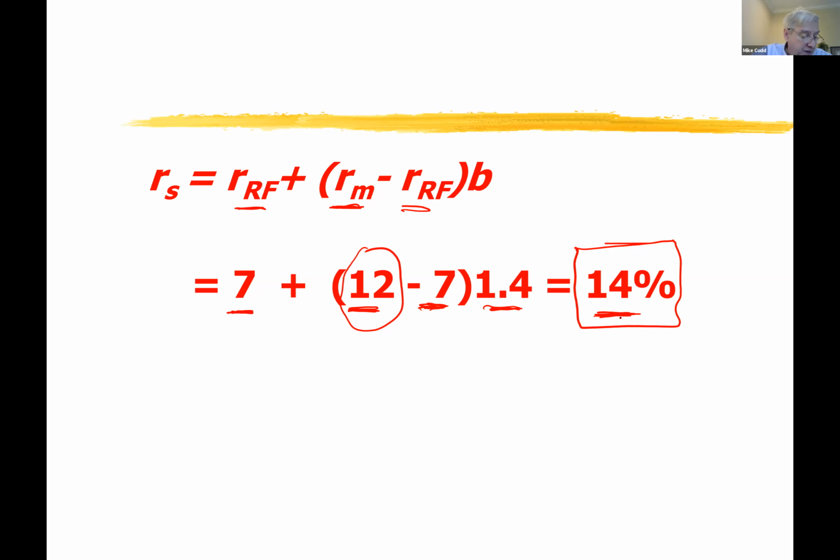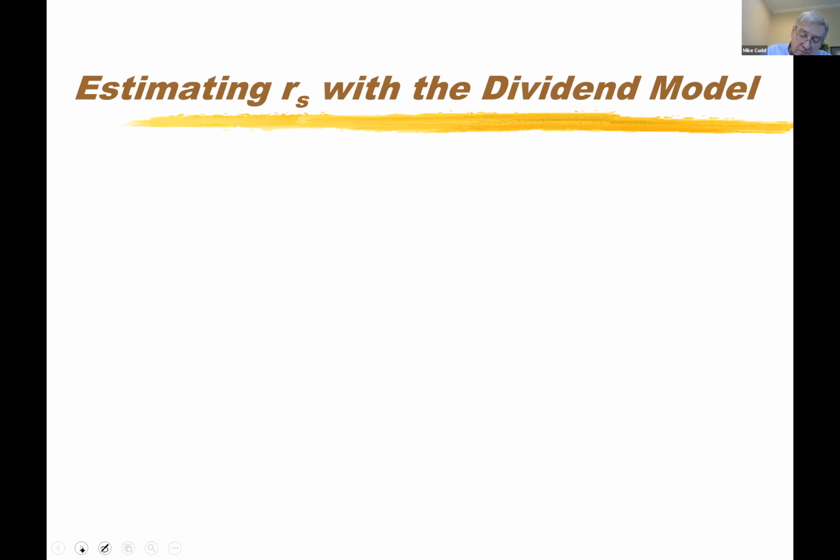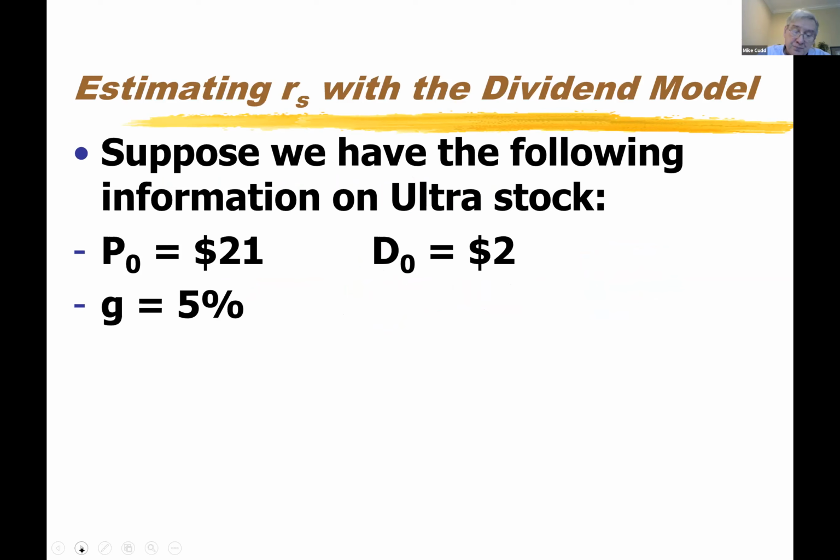Well, that's the CAPM, but there was another model called the dividend model. Let's suppose we have the following information on Ultra that pertains to the dividend model. The stock is trading at 21 a share. The dividend for the year just ended was $2, and we expect dividends to grow at a 5% rate forever.